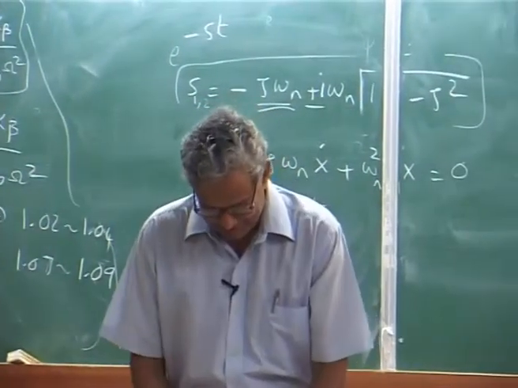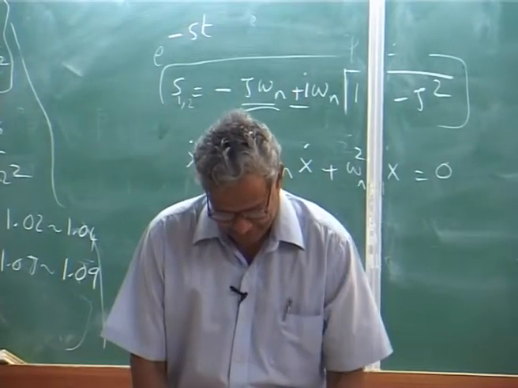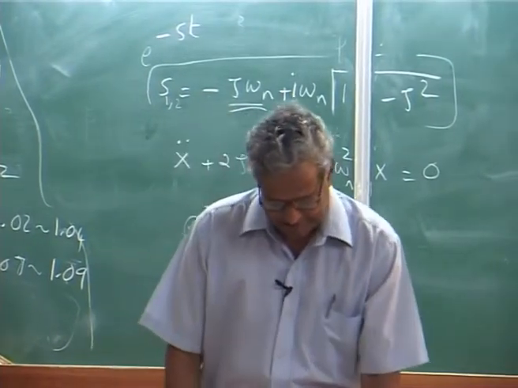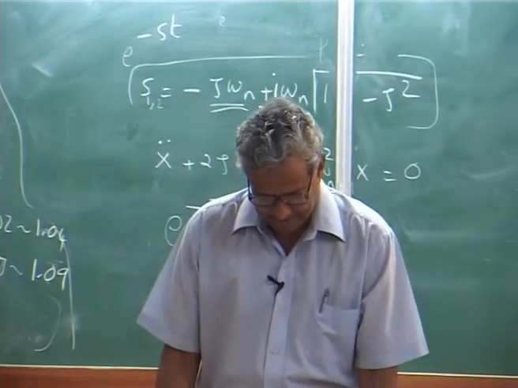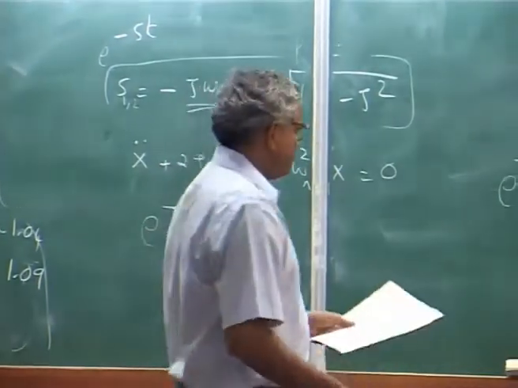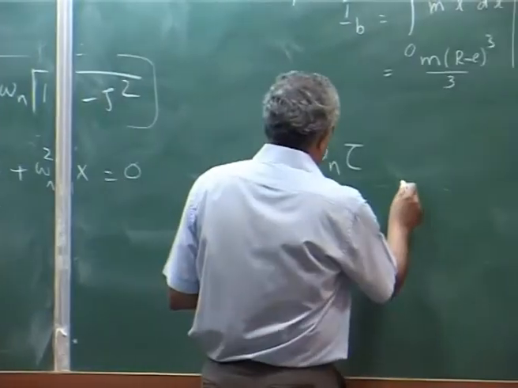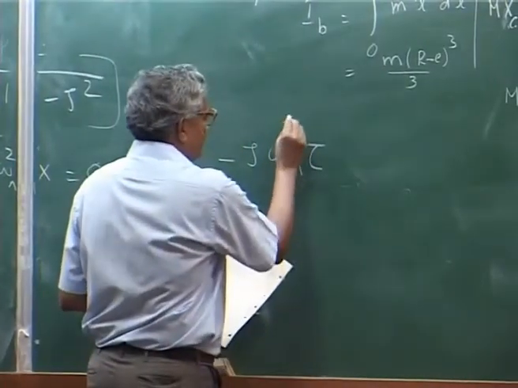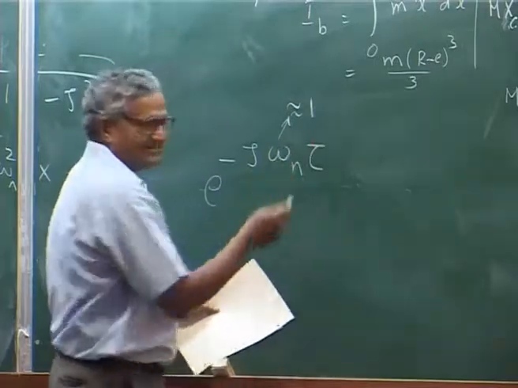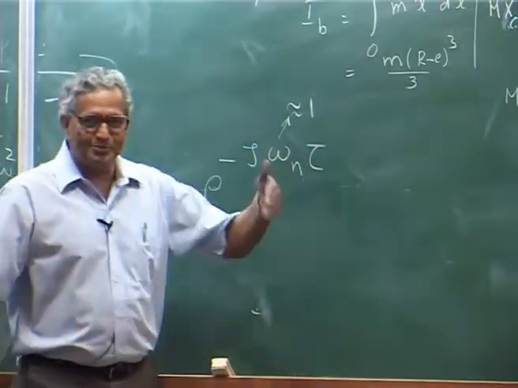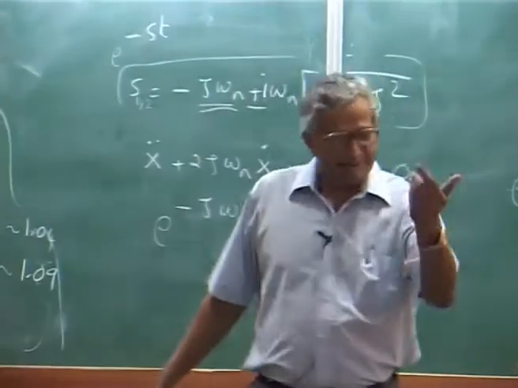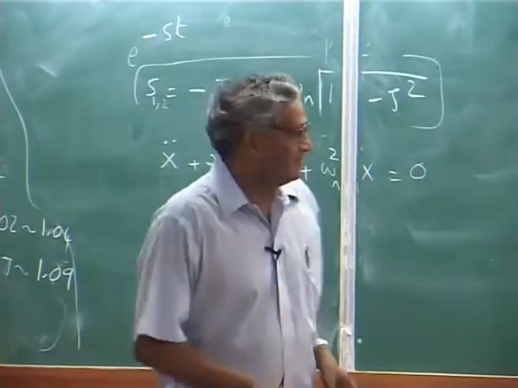I will just briefly mention here, that is this tau for half. You take this value as approximately 1, do not try to take it exactly, because you know that this is 1.09 or so; you take it approximately as 1.